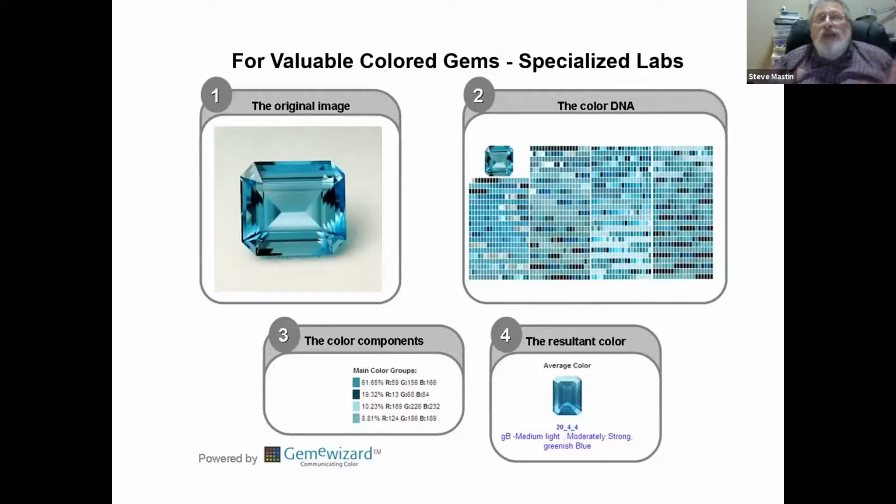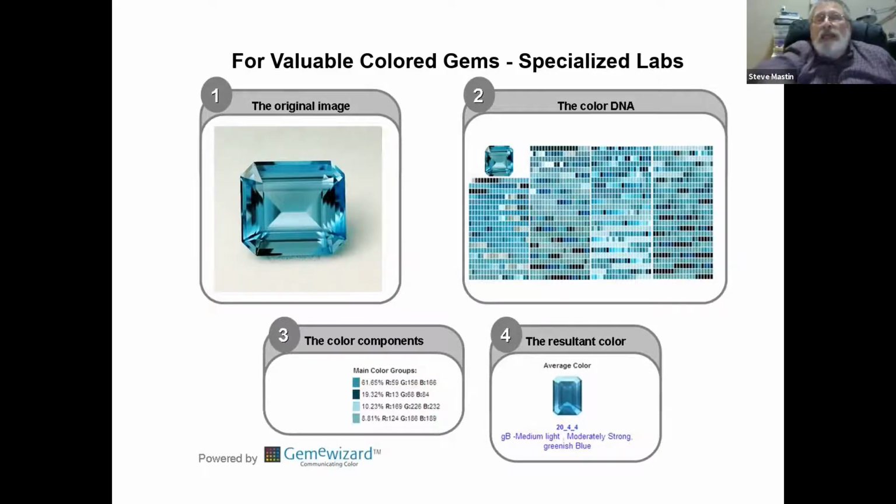And so for really valuable colored gems, you get a specialized laboratory like Gem Wizard. And it's got automated instruments. You take your gem and you stick it with the flat surface down on a scanning instrument.